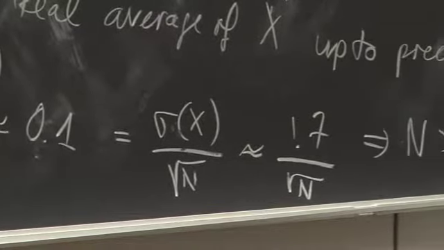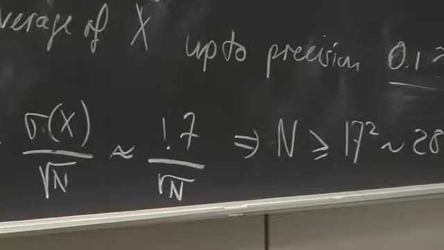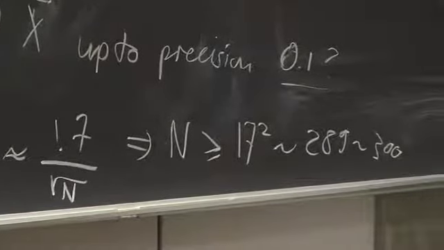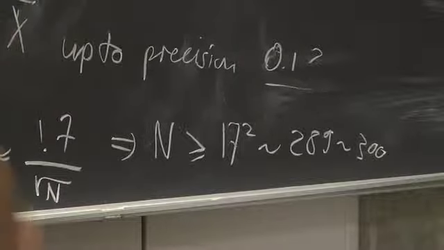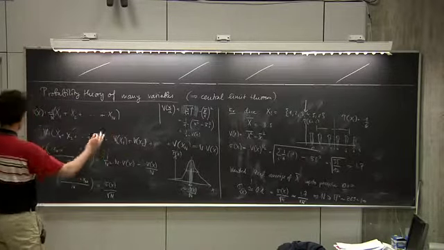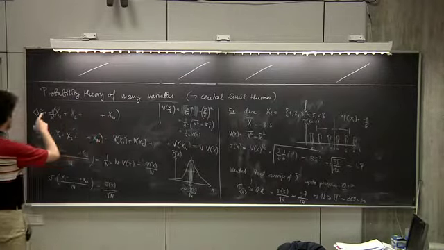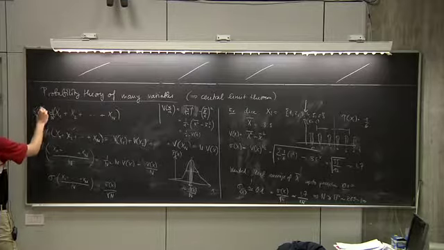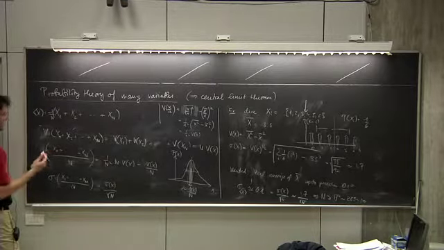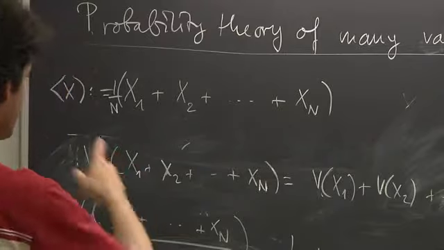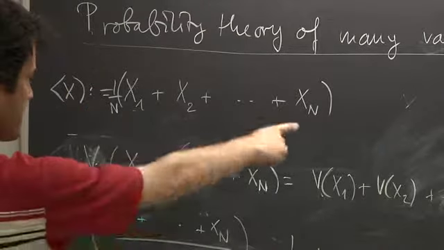Okay. The question is, what is the difference between this notation and x bar? Okay, that's very important that this is very clear. So this has not the meaning of a true average over a probability distribution. This is just the definition of a random variable.